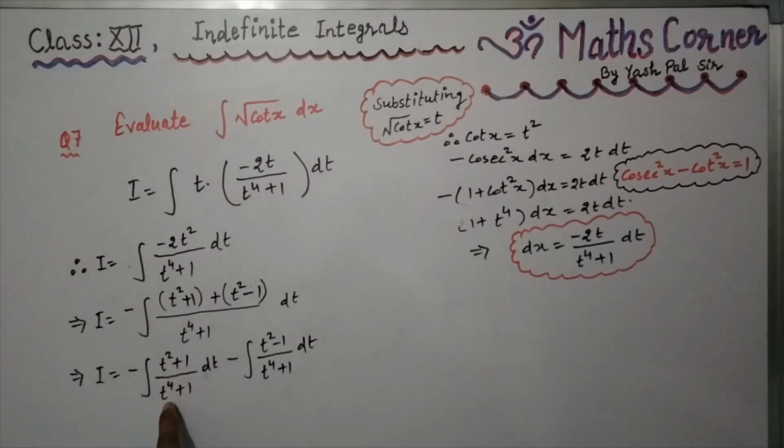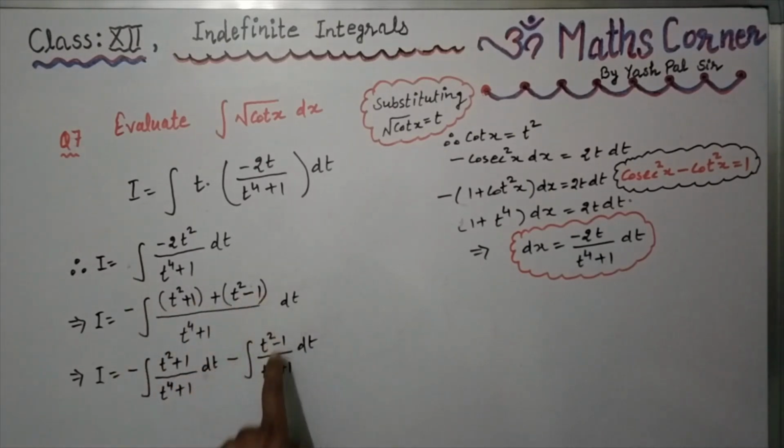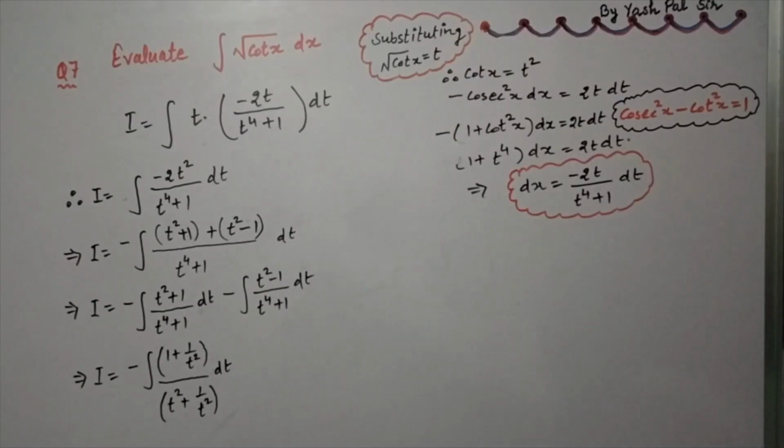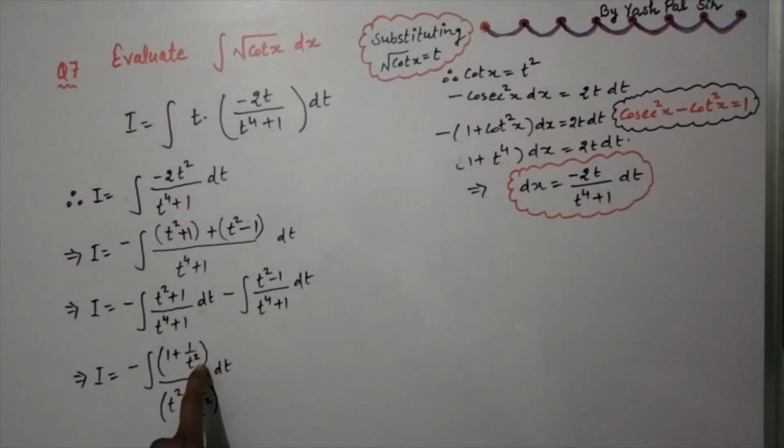Now again we can write this as, we bifurcated this into two integrals. First term t square plus 1 upon t power 4 plus 1, minus here t square minus 1 upon t power 4 plus 1. Again in both cases we divide numerator and denominator by t square.